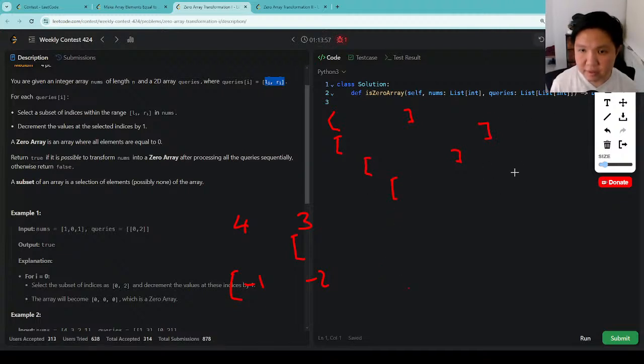Looks something like this. And then what I want to do is, at each point, I sort them by their leftmost, and I keep the rightmost in some kind of, I guess some kind of heap, right?